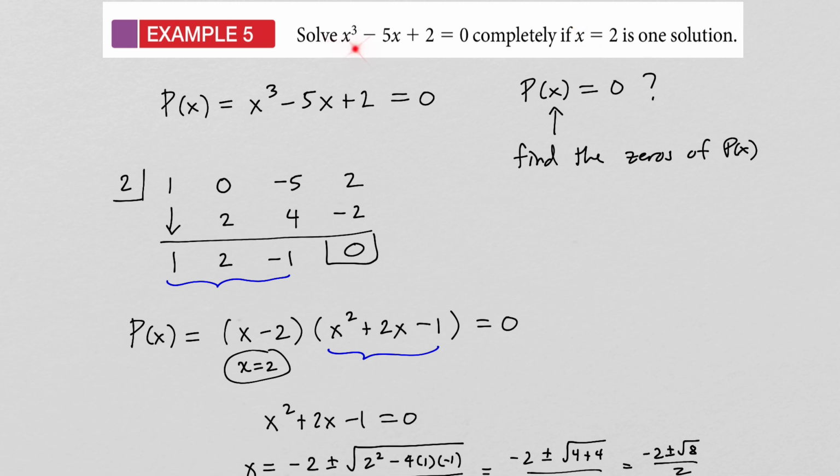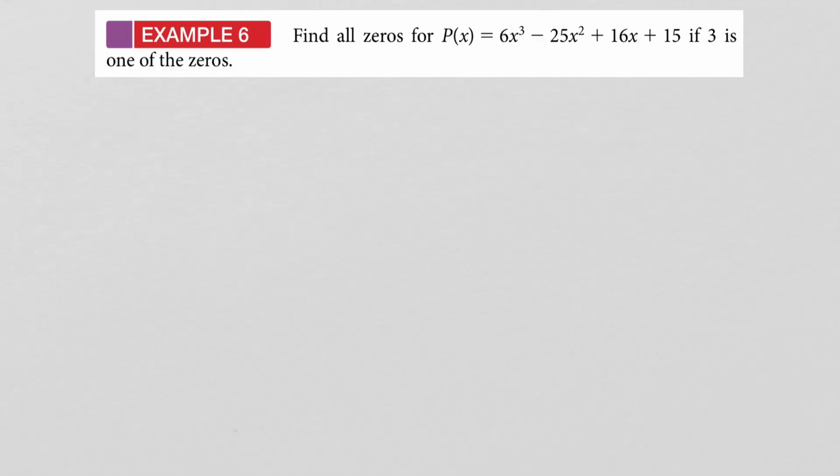They said, solve this equation completely if x equals 2 is one of the solutions. But since the equation was basically a polynomial equals 0, they were basically asking us to find the zeros of the polynomial, even though that's not what they said to do. In this problem, they're wording it in this way. Find the zeros of p of x if you know that 3 is one of the zeros.